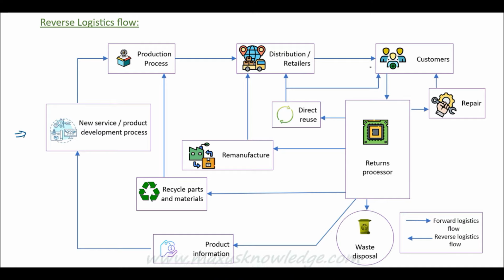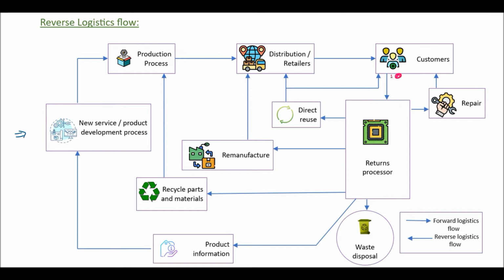Now let's look at the reverse logistics. The reverse logistics starts from the customer, right? So this is the start point of a reverse logistics flow. A firm must first establish a convenient collection point to receive the used goods from the final customer and transport the goods to a returns processor, which is a facility owned by the manufacturer or outsourced to a supplier.